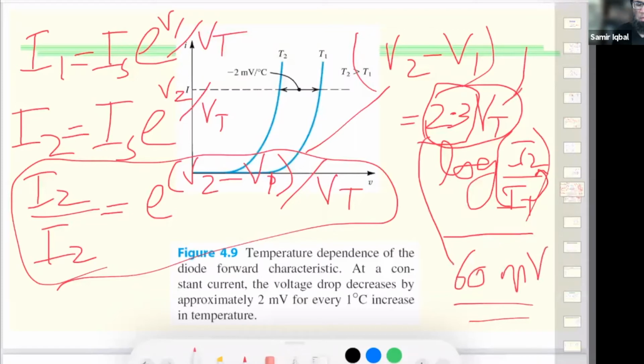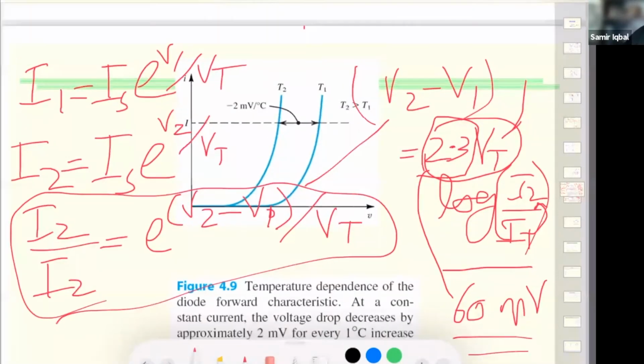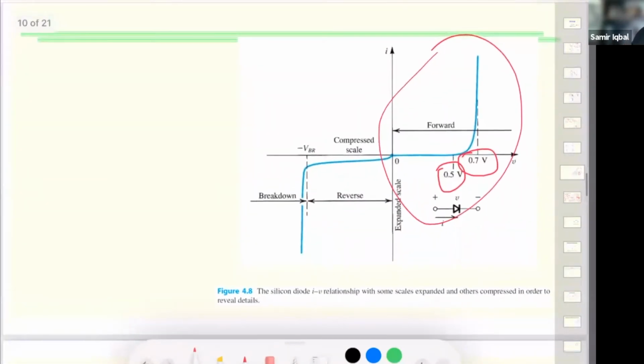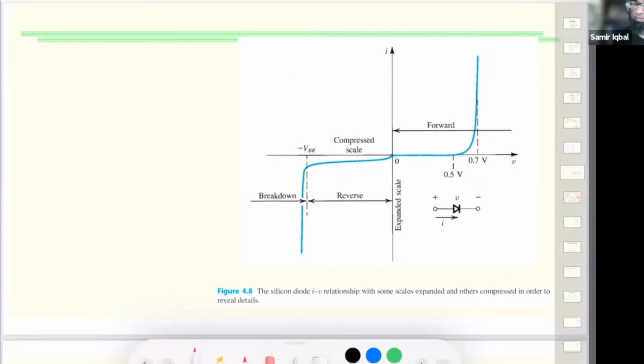This is a good characterization, a good knowledge about diodes. So we can predict how they would change if you change the current through them by changing the resistance in the external circuit. So that's the forward bias thing, how the voltage would change if you change the bias.